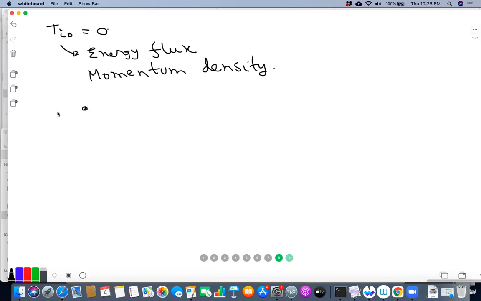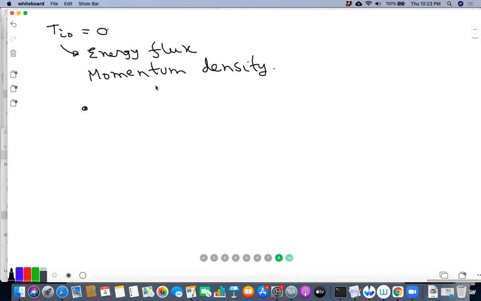The momentum that flows from left to right by the various matter particles moving in is balanced on the average by the momentum that is flowing from right to left. Similarly, energy flux being 0 means that the net energy flow from left to right balances out the net energy from right to left. And that's what we would expect in an isotropic universe. The fluid flows in all directions with equal probability, so there is no net flow in any particular direction.